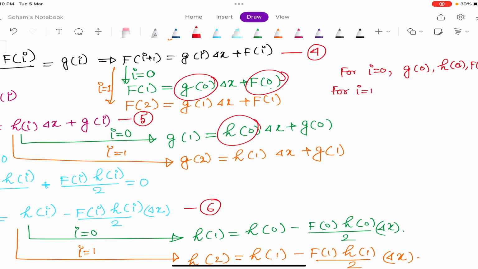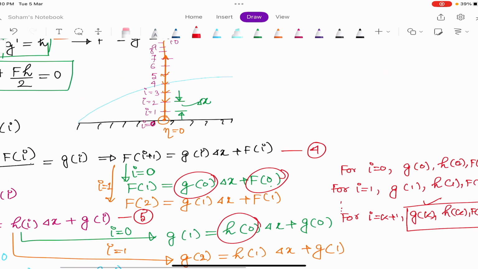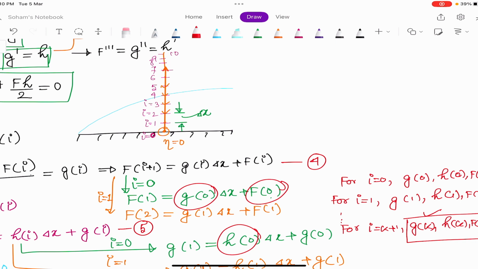For the iteration I equal to 1, you need g1, h1 and f1. Then for I equal to some k plus 1, you need gk, hk and fk. So at any iteration, to reach the next step, you need all these three values. You cannot solve any one equation first, get the values of g at all the grid points, and then solve for h.